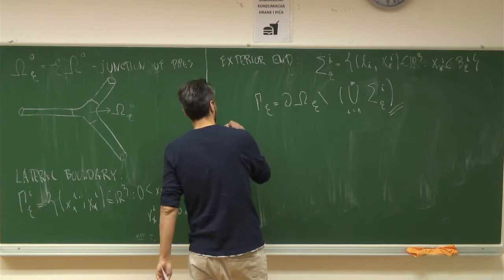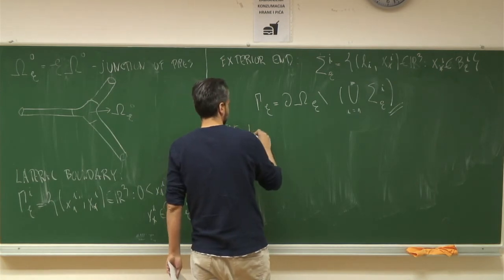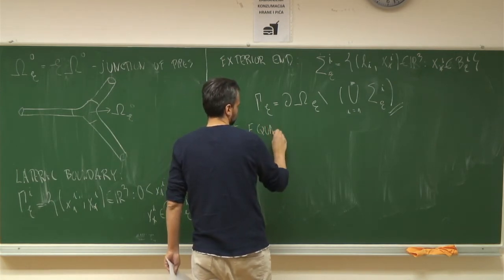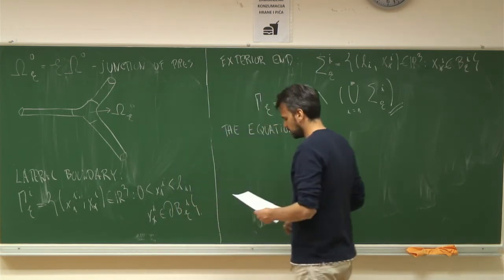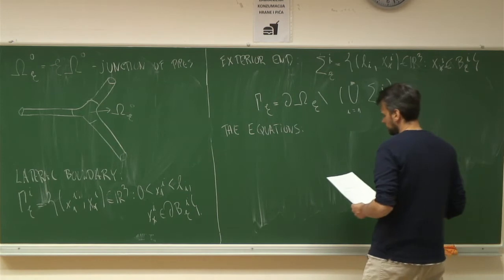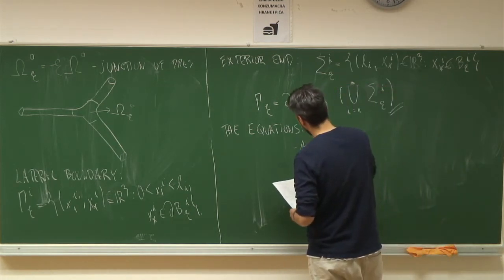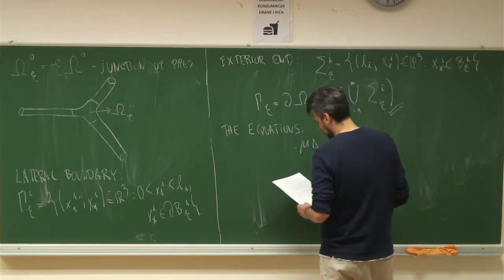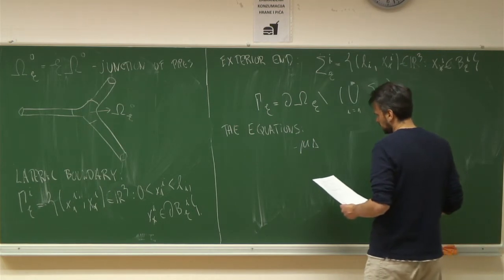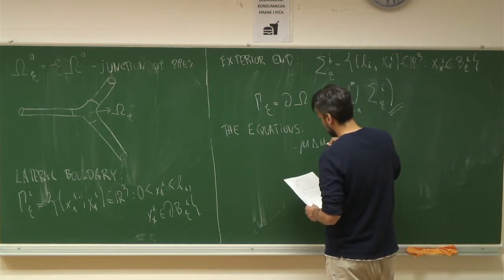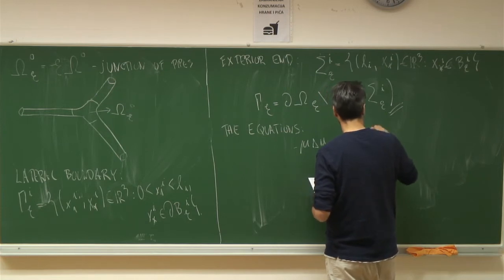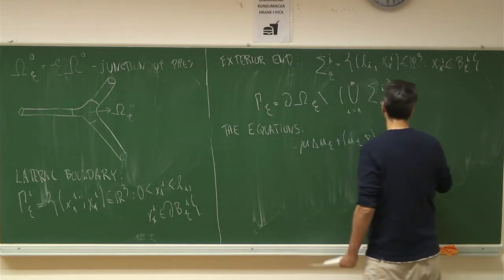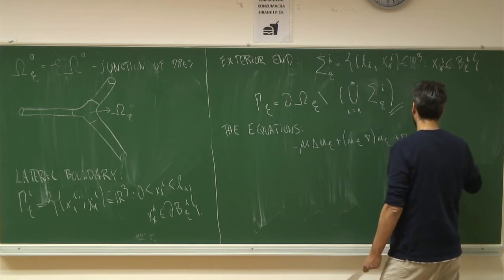So the equations are, of course, we're looking at a viscous fluid, so you have Navier-Stokes, so minus mu Laplace u epsilon plus the nonlinear term plus gradient p epsilon.